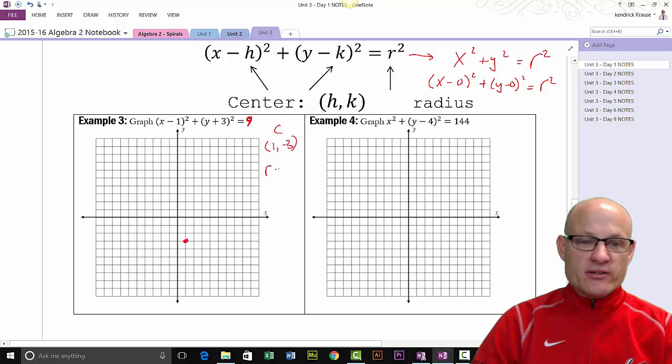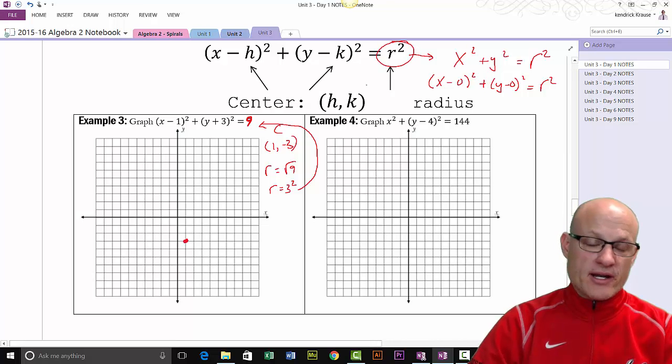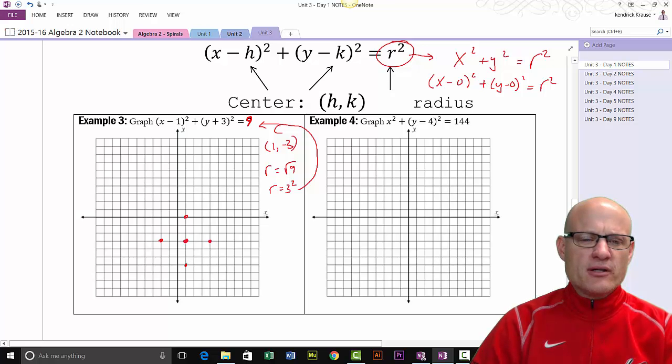And my radius is equal to the square root of 9, which is 3. Remember, 3 squared is the radius squared. So in order to undo that, I have to take the square root. Which is why putting a 7 there would have been dumb. So I apologize. Up 3, left 3, right 3, and down 3.